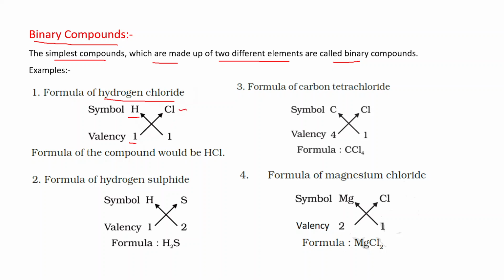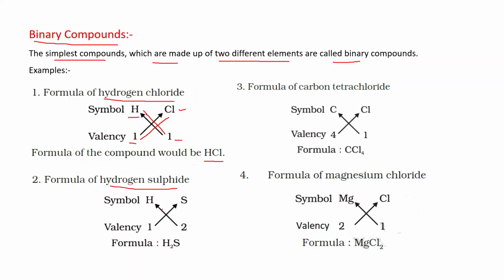Chloride is Cl, valency is 1. Now interchange these valencies. This 1 goes with H and this 1 goes with Cl, the simplest ratio is 1:1, and 1 is not written, so its formula is HCl, hydrogen chloride.